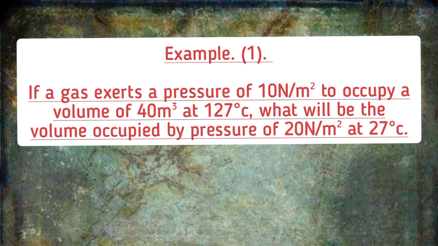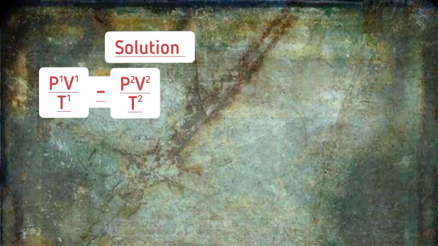That is all for the conversion, but we are still going to solve this equation. Now you know the formula to use: P1 V1 all over T1 is equal to P2 V2 all over T2. Why? Because you can see 10 Newton per meter square is P1, 20 Newton per meter square is P2, and what we are looking for is the volume, V2.